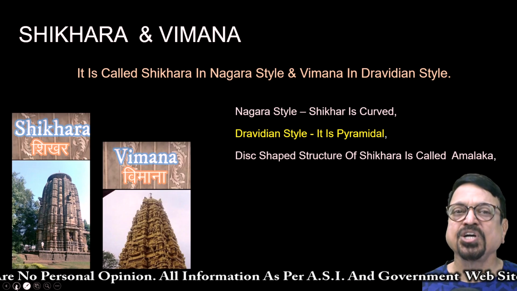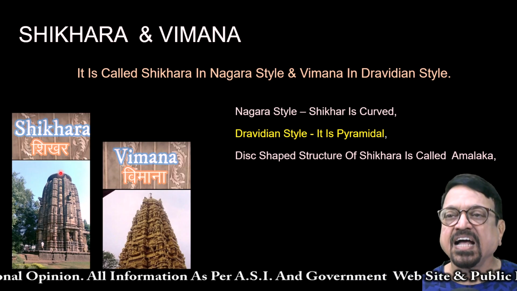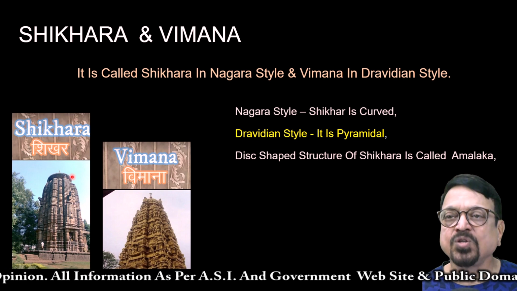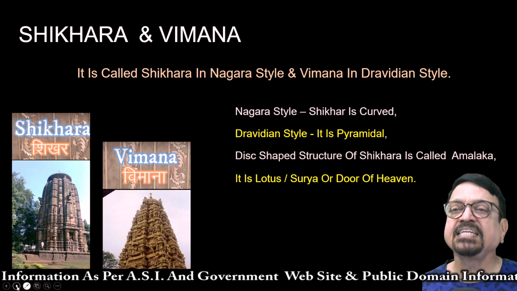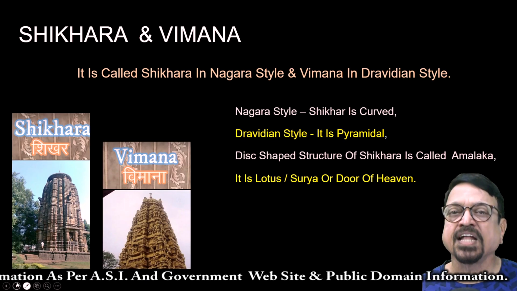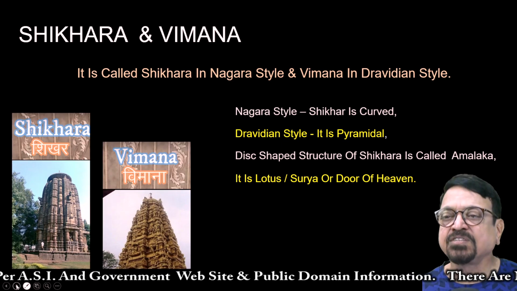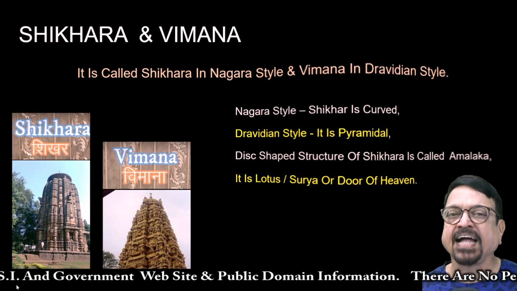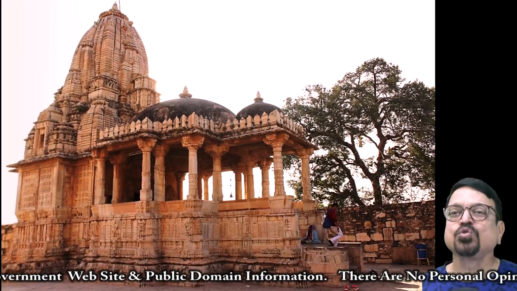The disc-shaped structure of the shikhara is called amalaka. This is the disc. I have shown you separately also. This disc is called the amalaka. It is a symbolization, or it looks like a lotus or Surya from the upside, that is from the heaven. If you look, it will look like that, either like a lotus or like a Surya.